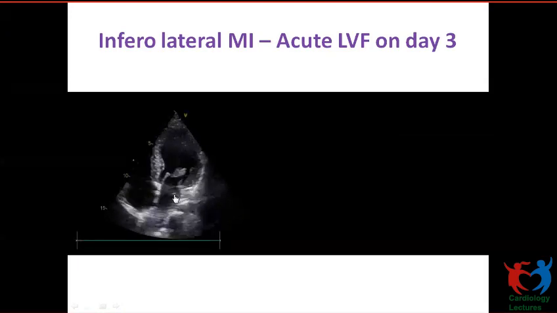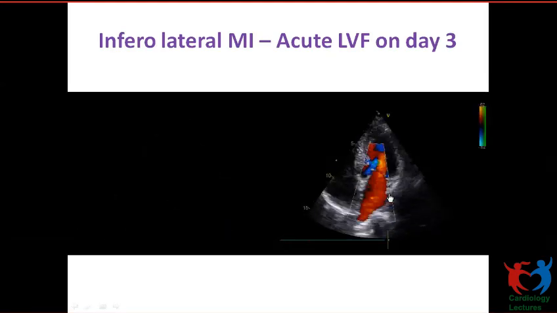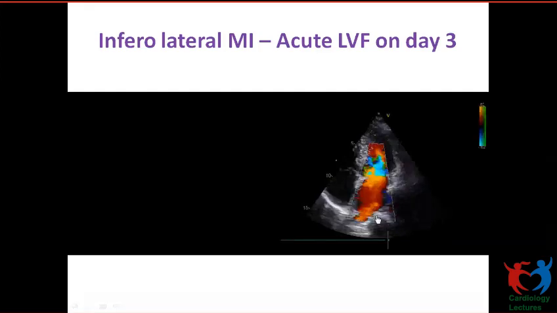Everybody is able to see? Is it running properly? Yes, ma'am. So this is the jet, an eccentric jet going posterolaterally. So the most affected leaflet is anterior.